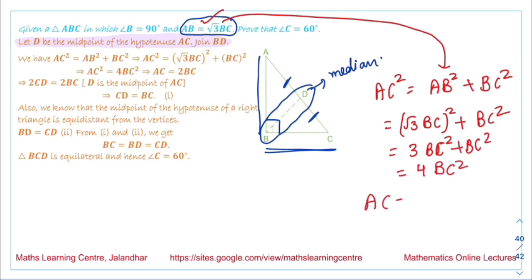So we get AC is equal to 2 times BC. We are saying this AC length is 2 times BC length.